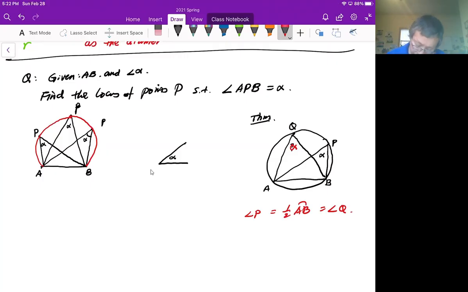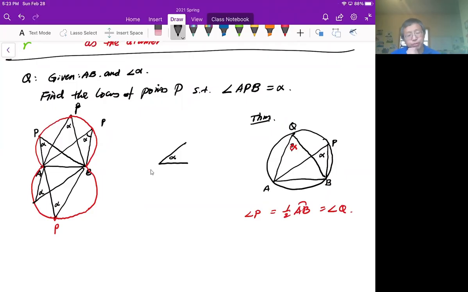So you can actually have another part here. I try to draw the picture, something like this. All of those points will satisfy the condition. You can have the P here like that, and that also gives you the alpha. So that's the idea here.